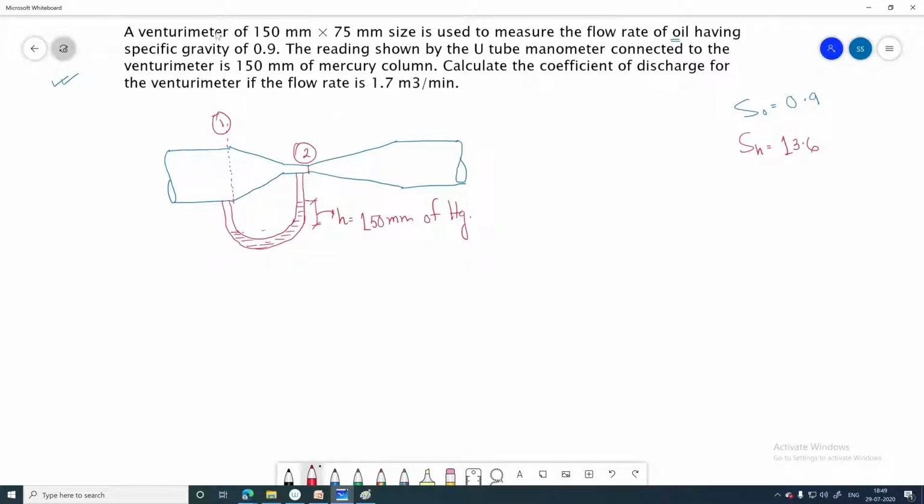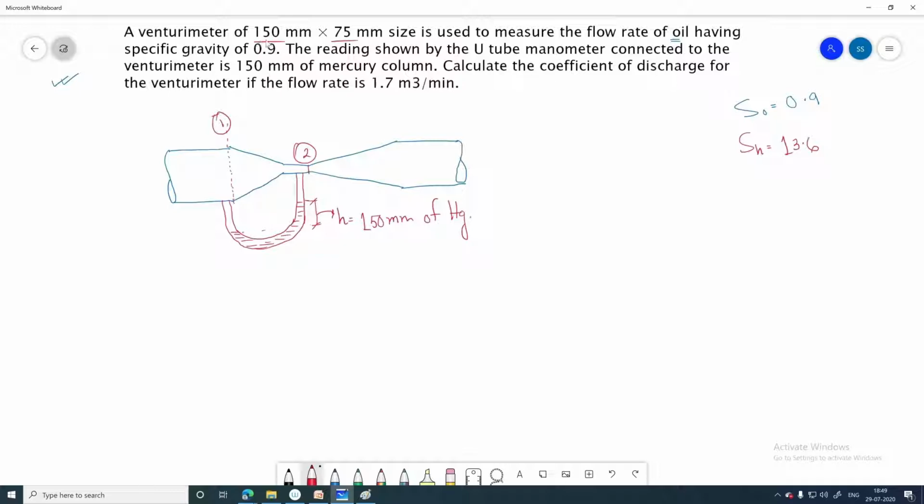So here is the diameter given or not? In the previous problem the diameter was clearly mentioned, but in this problem it is also mentioned, you just need to see where it is given. Look, the size of the Venturi meter is mentioned over here, right? The size of the Venturi meter is generally specified in terms of inlet and throat diameters.